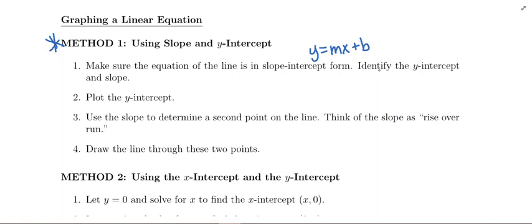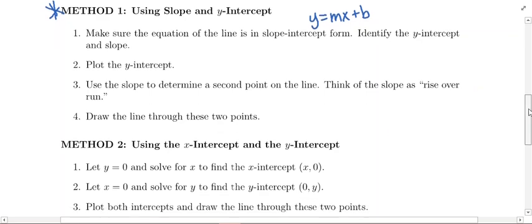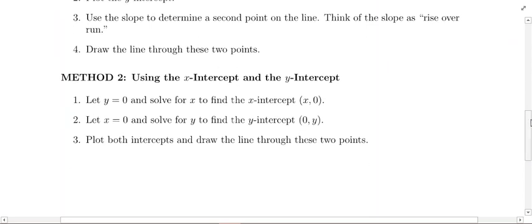In method 2, which is a bit different, you're going to use the x-intercept and the y-intercept. Remember, you only need 2 points to determine a line, so why not have those 2 points be the x-intercept and the y-intercept?